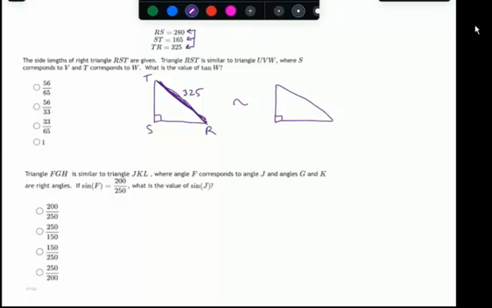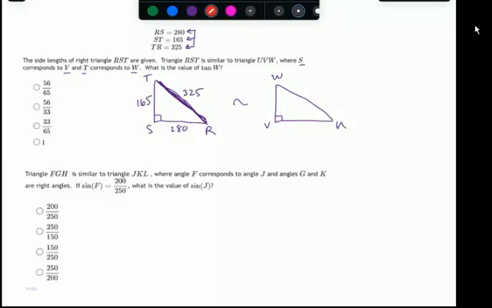So if you label it this way, you can now type in 280 for SR, and you can type in 165 for ST. But that also allows you to see where S corresponds to V, so that means V is the right angle. T corresponds to W, so W is here, and that leaves U to correspond to R. So now you know what your other triangle is going to look like. Okay?